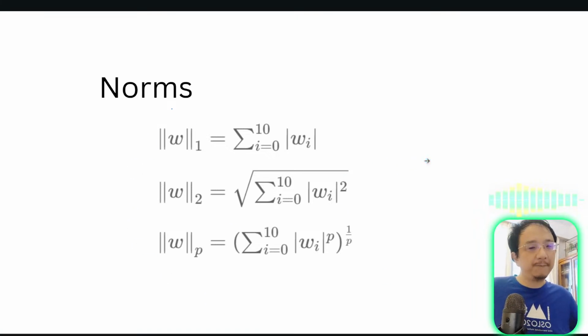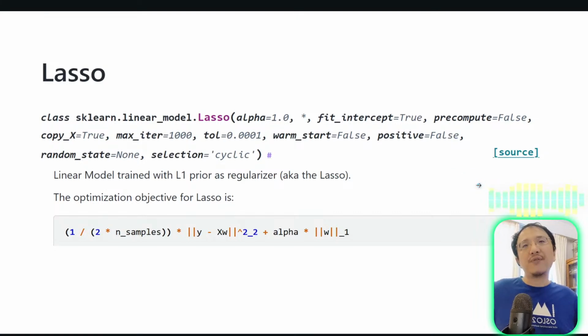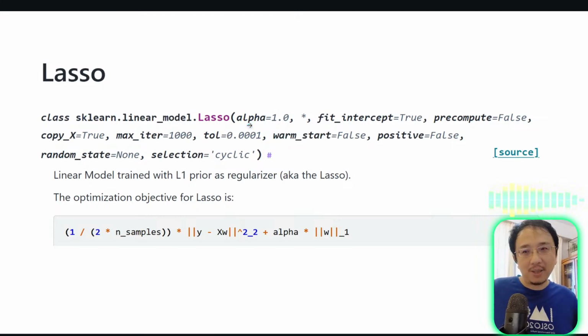But for the regularization, we probably mostly use the L1 norm and L2 norm. So if you are using the L1 norm as a regularizer on the linear model, we call the model Lasso. So the Lasso model is simply the linear regression with L1 regularization.